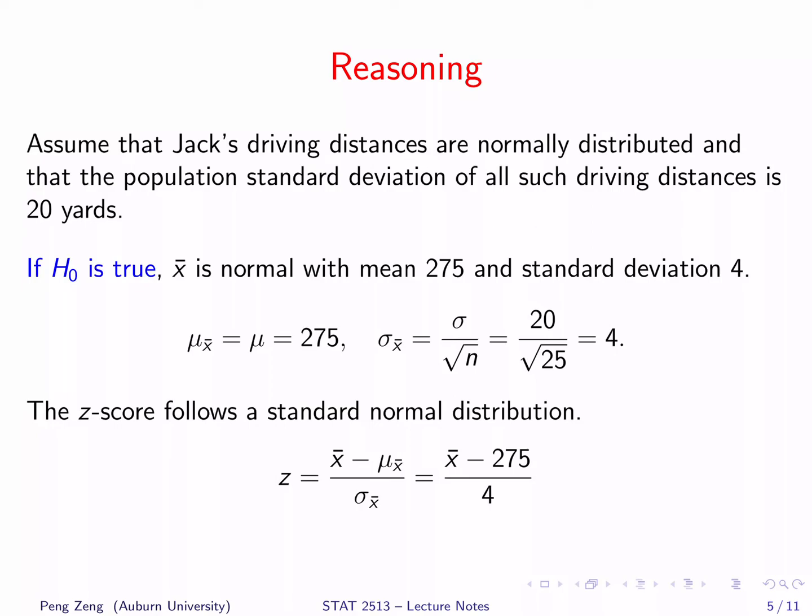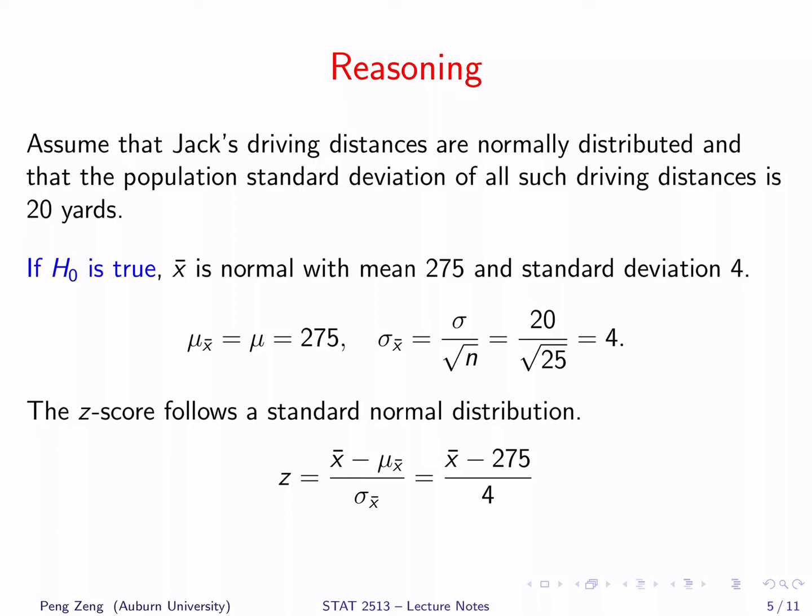Notice that the mean of the sample mean equals the population mean. When H0 is true, the population mean is assumed to be 275. The standard deviation of the sample mean is the population standard deviation divided by square root n. Here, 20 divided by square root 25 equals 4.